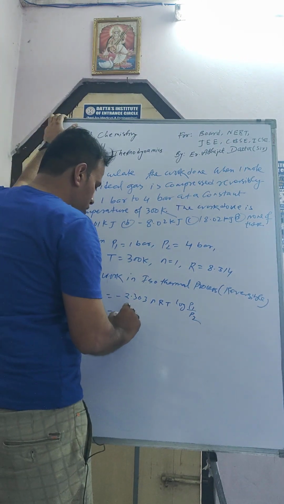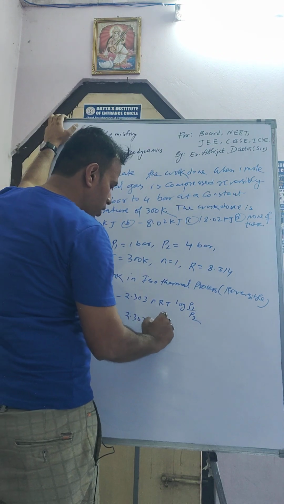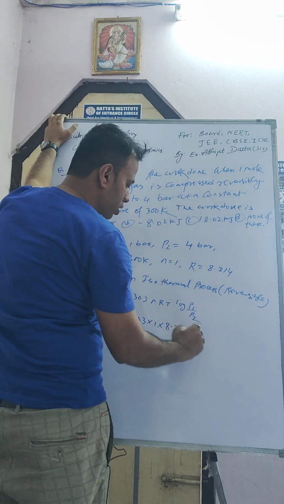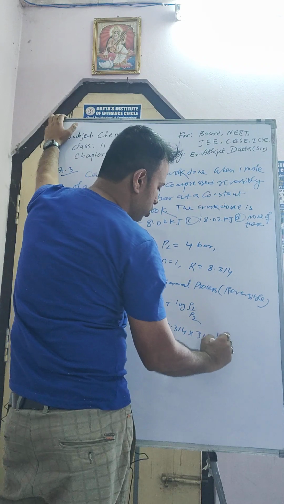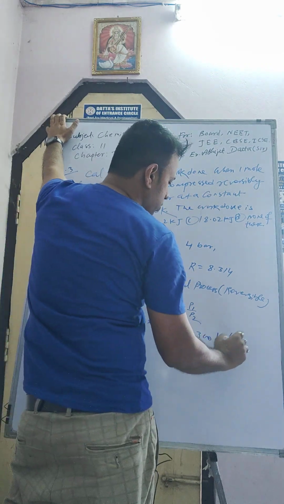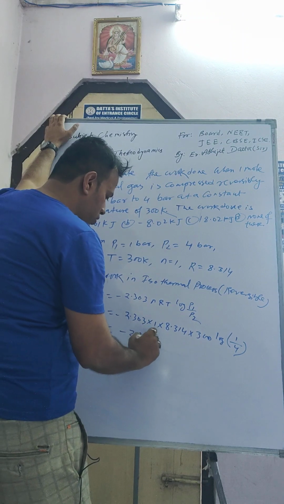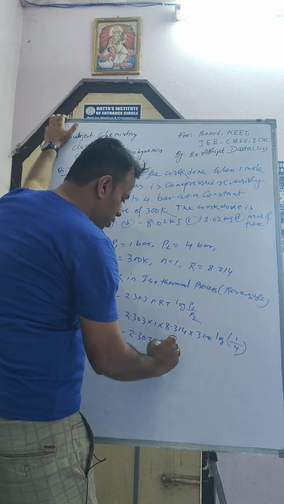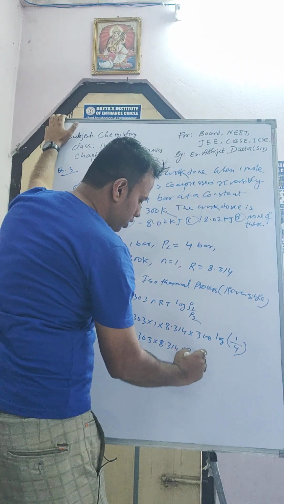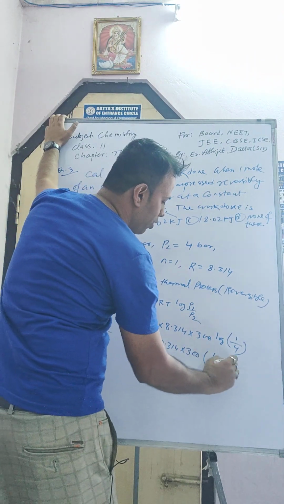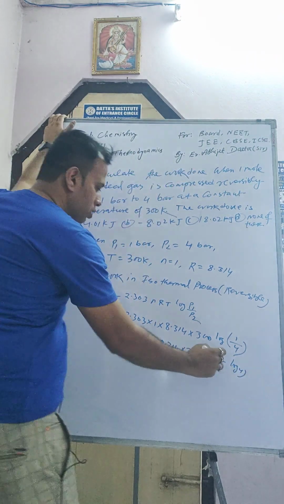So now you just put these values here. n is 1, R is 8.314, T is 300, and log P1 is 1, P2 is 4. So minus 2.303, 8.314 into 300. Here it will be log 1 minus log 4. So log 1 is what, sir?